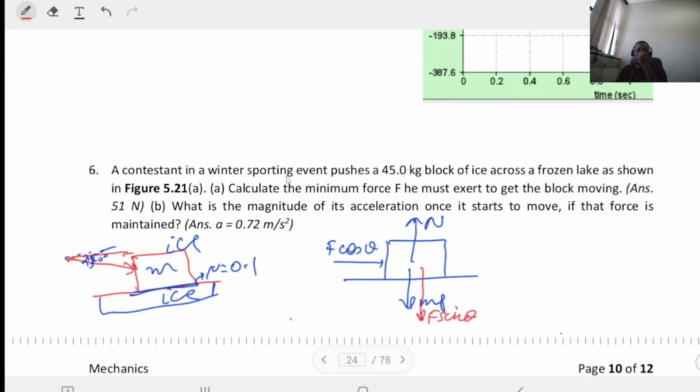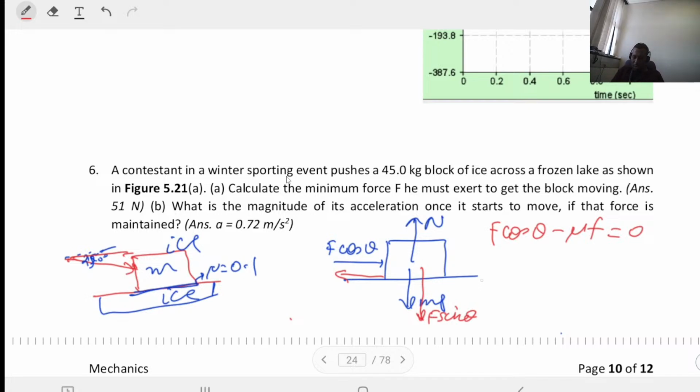Then for this object to start to move, F cos theta minus the frictional force, which is going to be in the opposite direction, must be equal to 0 for it just to start moving.